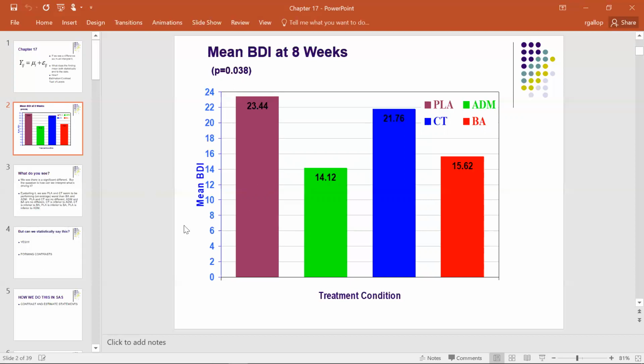The outcome you see on the y-axis is the Beck Depression Index. With a lot of psychological studies, they have scales that quantify whatever they're trying to measure. In this case, we're trying to quantify how depressed an individual is.